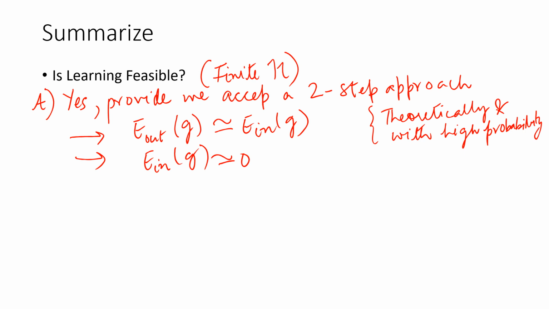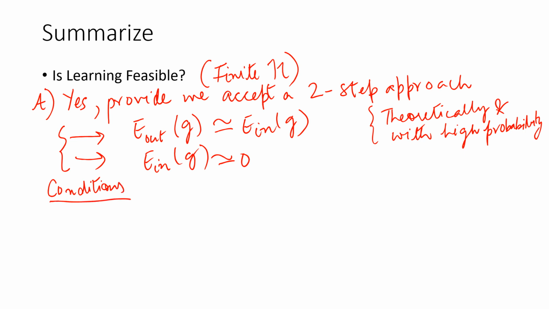Now there are certain conditions that underlie this two-step process. In order to accomplish this two-step process, those conditions need to hold. What are those conditions? Let me write those first. Conditions.